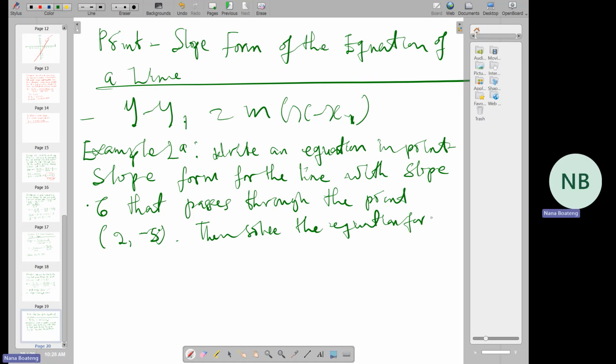All right, so let's find, using the point slope form, the equation of the line that passes through the point 2, -5, and has a slope of 6. By the point slope form, we have y minus the y point, which is -5, equal to m, which is 6, times x minus x1. x1 here is 2.